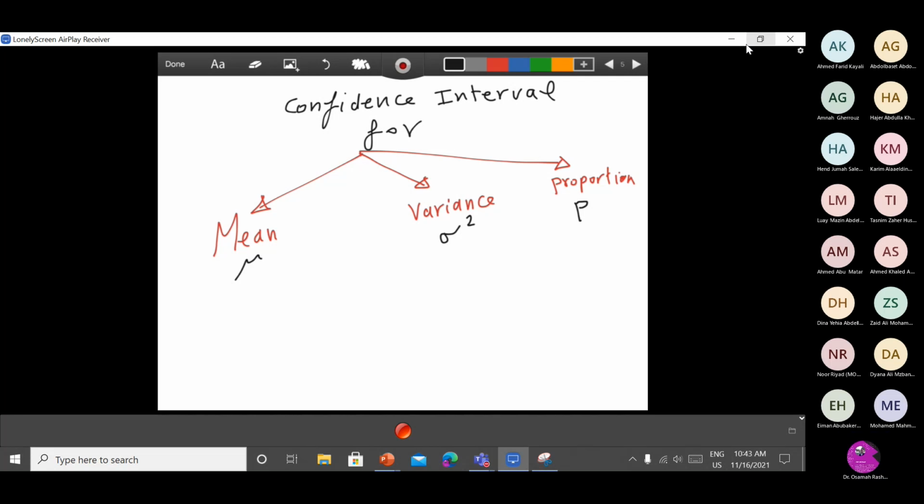And we remember, when we go for the confidence interval for the mean, we have two options.